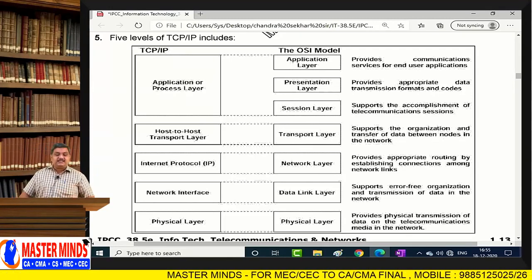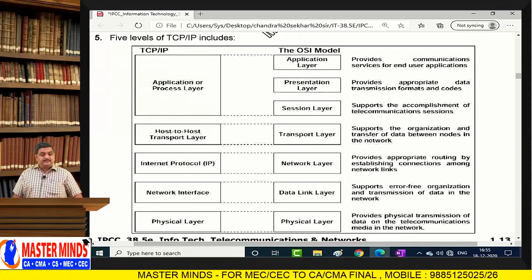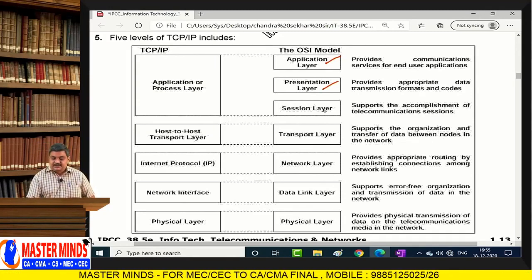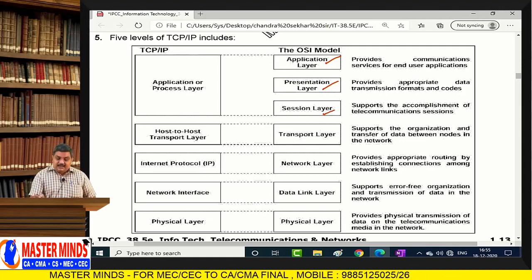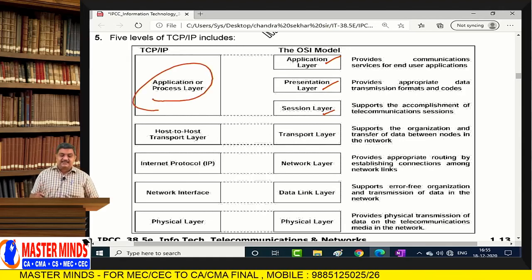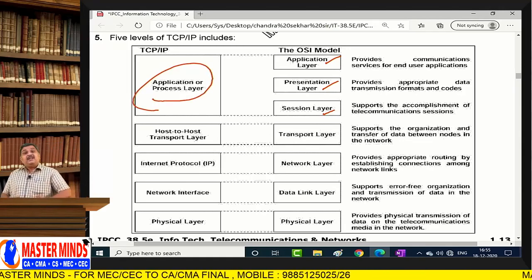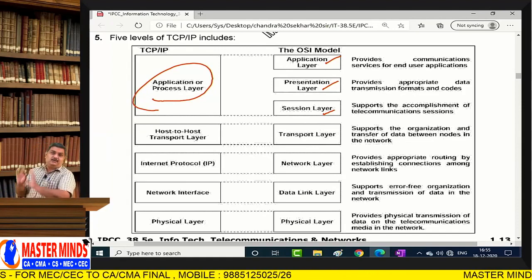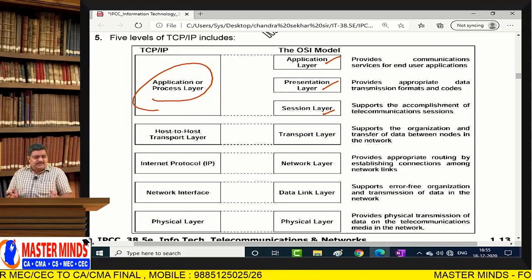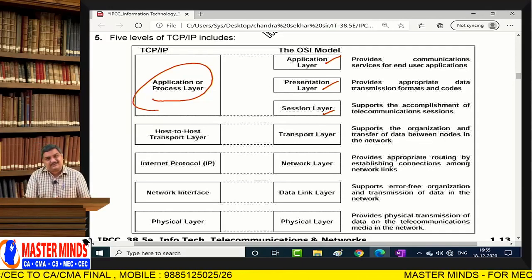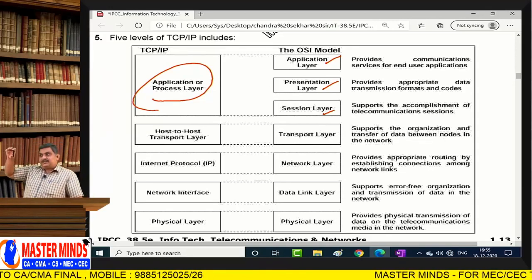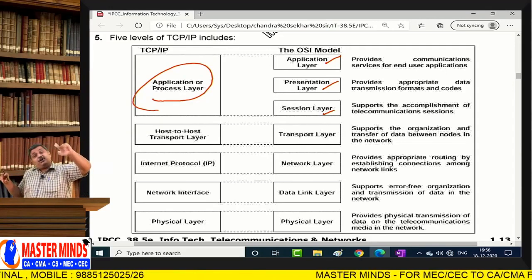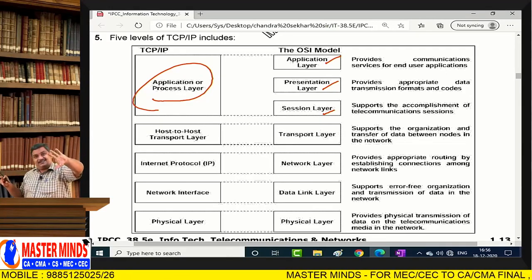That means in the TCP/IP model, what happens? In the OSI model we have 3 layers: application layer, presentation layer, session layer. In the TCP/IP model we call it the application or process layer, which handles all the functions of the 3 layers performed in the OSI model. That means they have designed it that way. By taking the OSI model, you can develop your own model. Your model may contain only 3 layers.